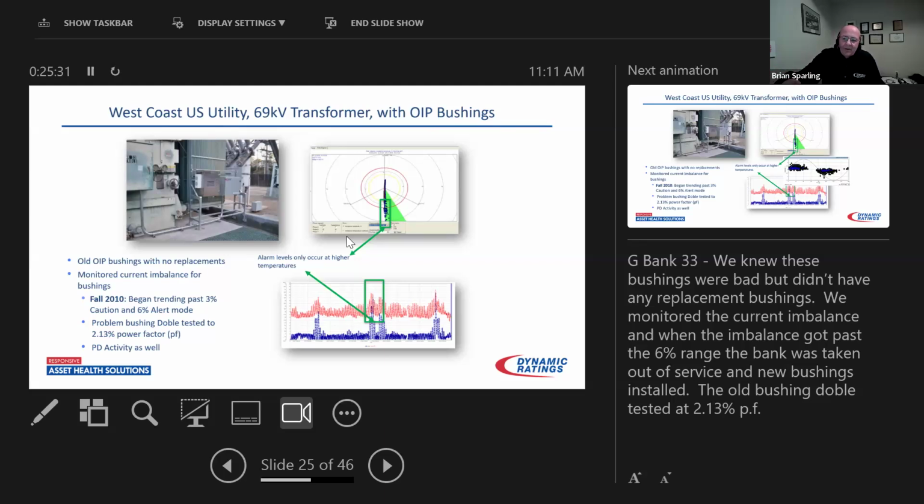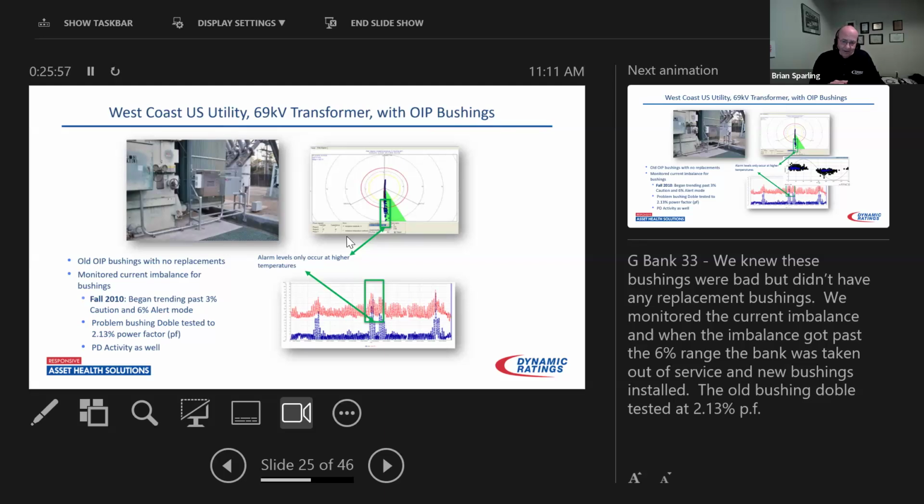And the yellow ring and the red ring are the alarm limits in terms of the deviation from null that the measurements are taking. And the location of it in the green space there indicates, is it a power factor issue or is it a capacitance issue? So you get two measurements, a relative capacitance and a relative power factor measurement.